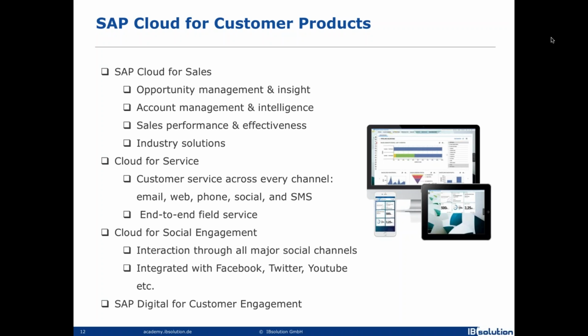Cloud for Service, that's the place where all service scenarios can be realized across the different channels: email, communication, phone, social media. And Cloud for Social Engagement, that's the product which allows you to listen to social media, to check what is being discussed related to your company, to get information directly from the social media before a request has been raised to your company.